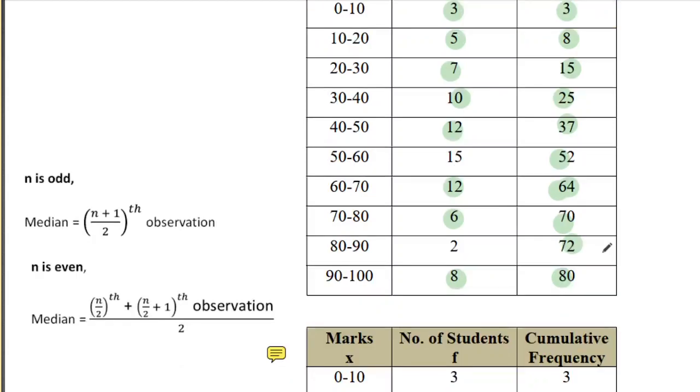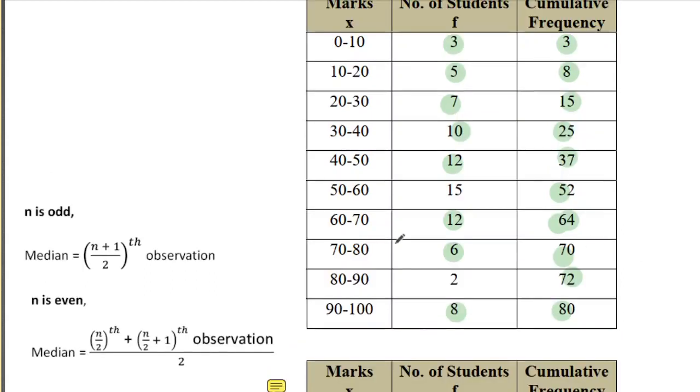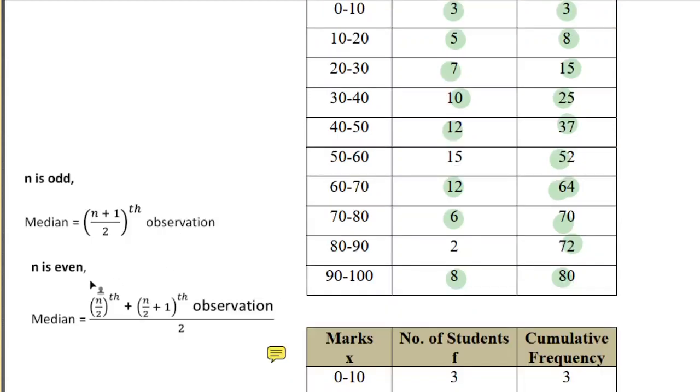We know the basic formula for the median: if n is odd, the median is the (n plus 1) by 2 th observation. If n is even, the median is the average of the n by 2 th and (n by 2 plus 1) th observations.